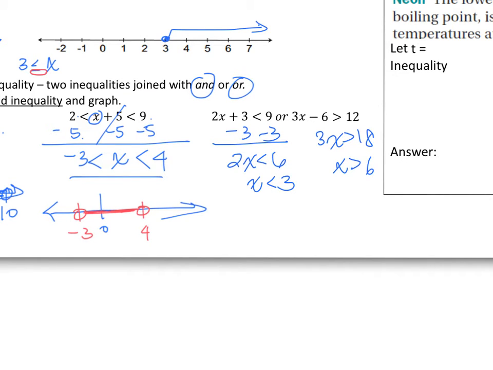And we can go ahead and graph this. 3, 6, open dot, everything less than 3 and everything greater than 6. This will be your answer.